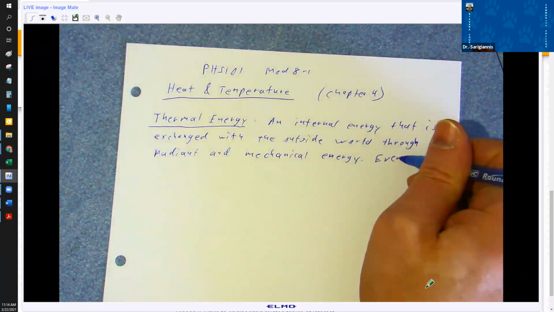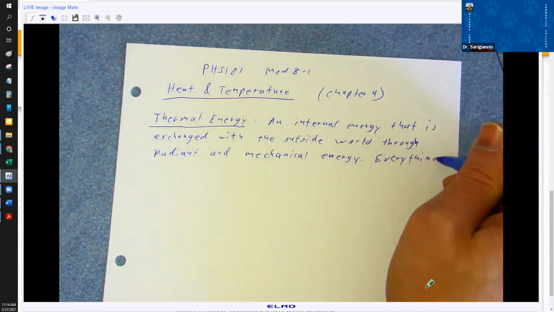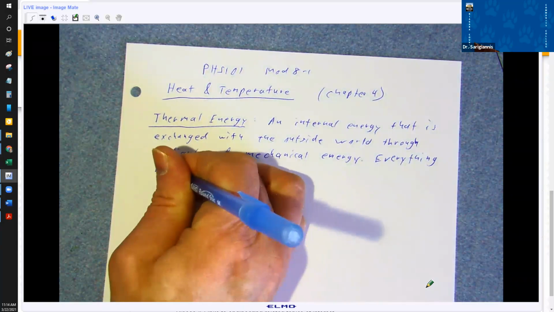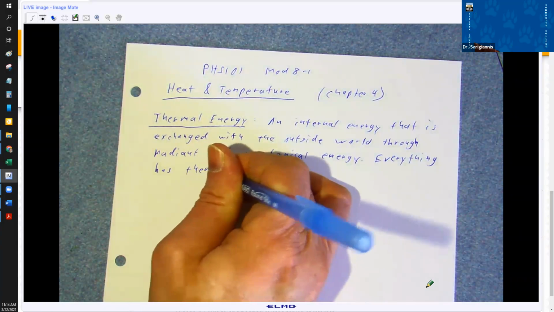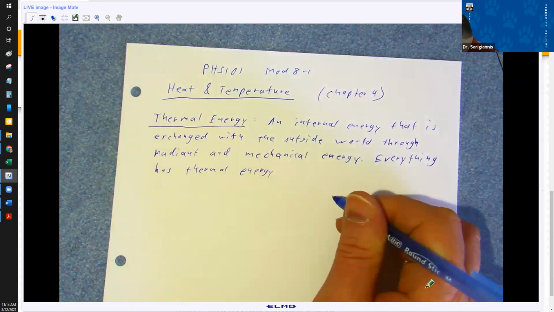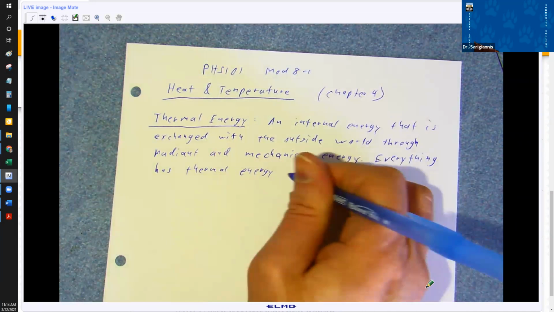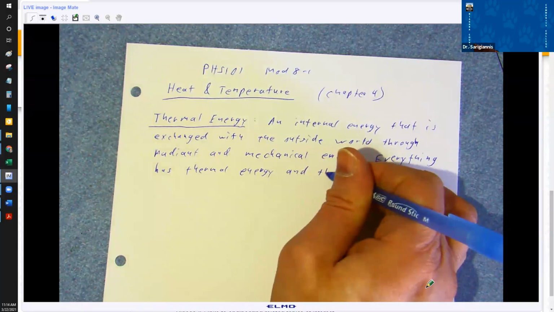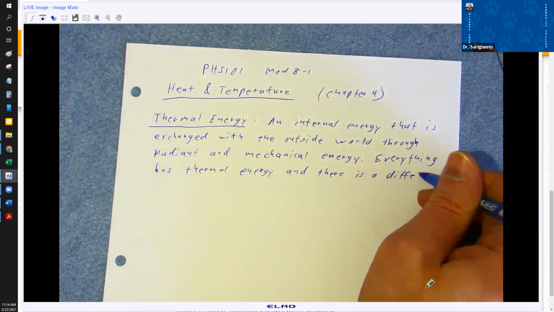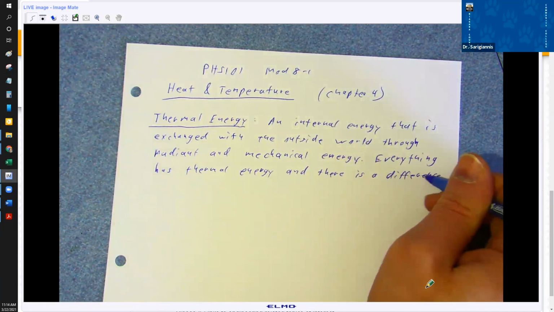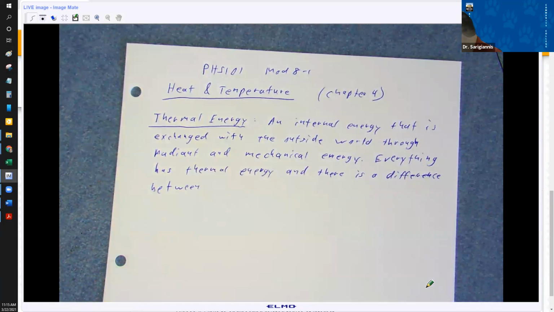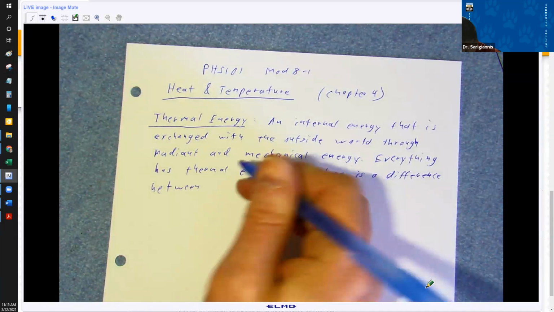Everything has thermal energy. And there's a difference between thermal energy and temperature.